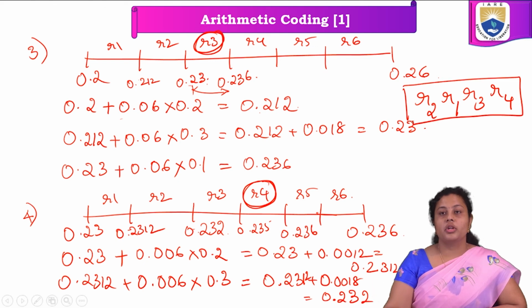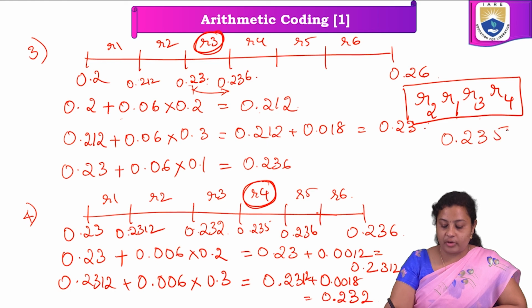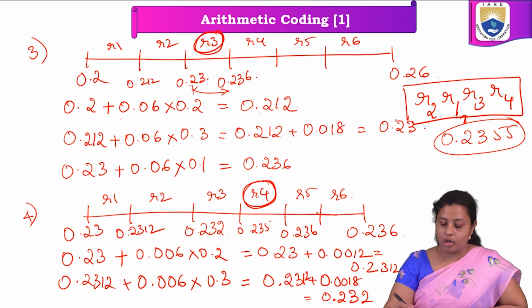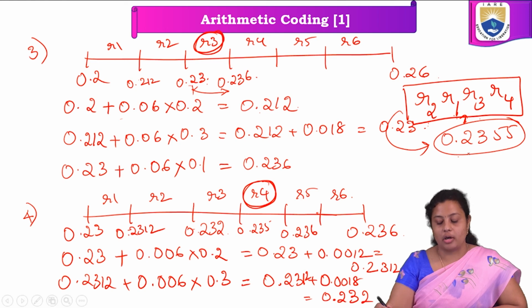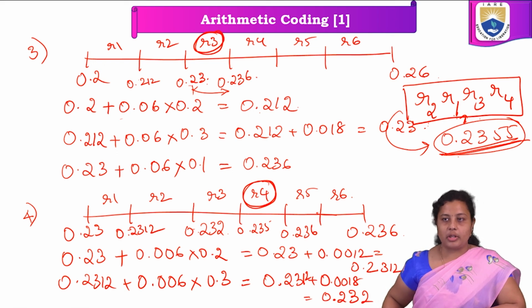So if my sequence of symbols is R2, R1, R3, R4, it has been coded as 0.2355. When I decode back from 0.2355, I get the sequence R2, R1, R3, R4. You can recheck by using the arithmetic coding technique. If my sequence is R2, R1, R3, R4, I'll get this range as 0.2355. So this is arithmetic coding.